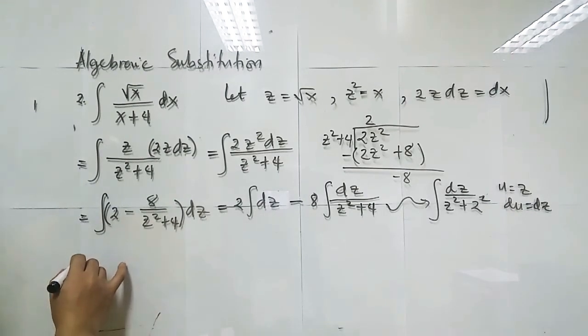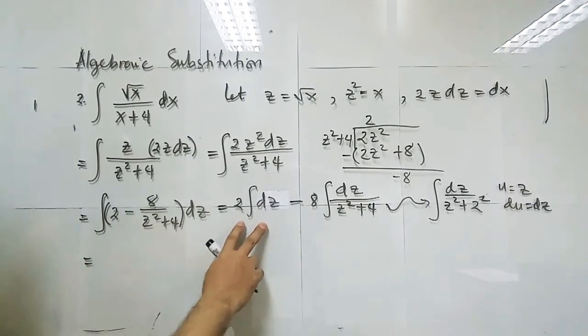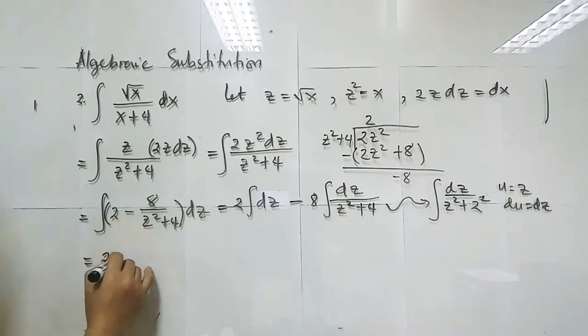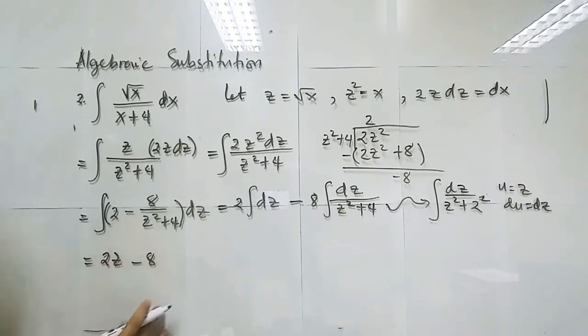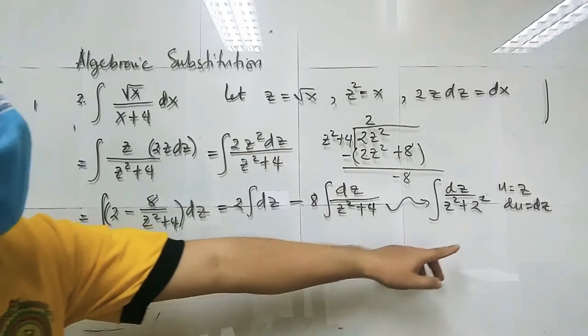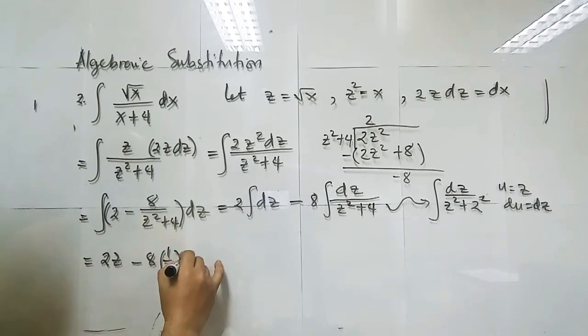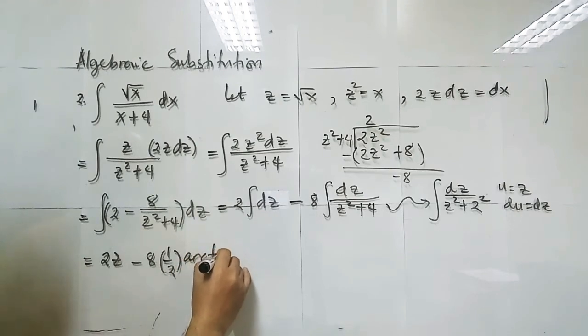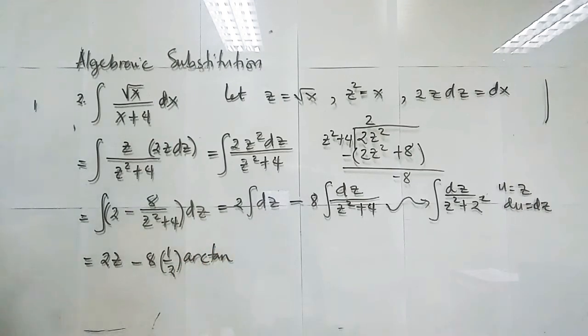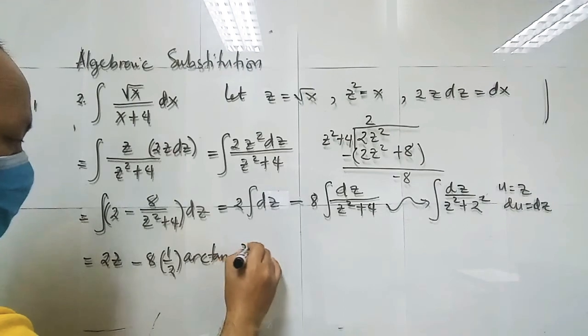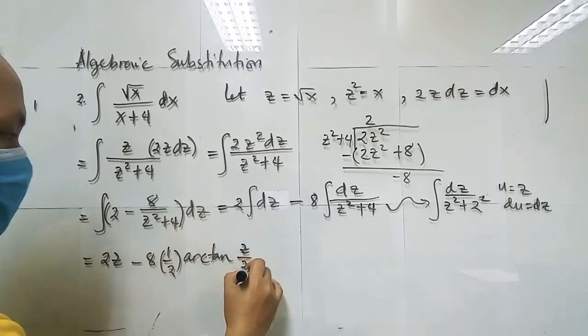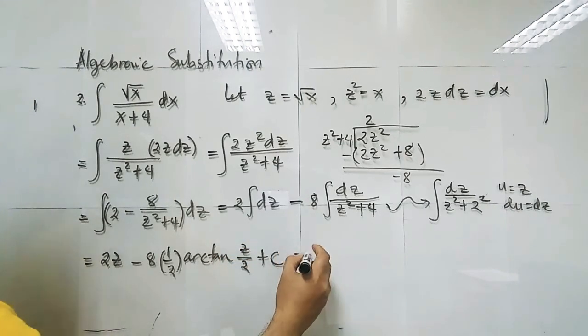So when we integrate, the integral of 2 dz equals 2z, minus 8 times 1 over a. Our a is 2, so 1 over a arctan of u over a, where u equals z, over a, which is 2, plus c. So our final answer is 2z.